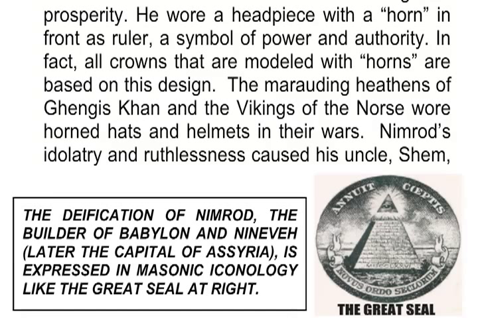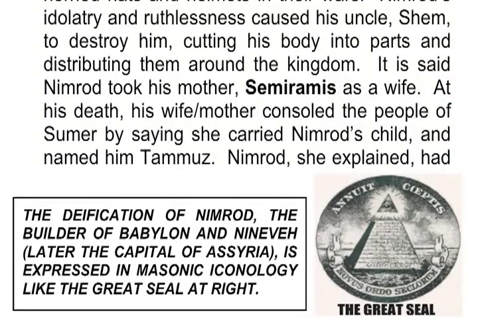The marauding heathens of Genghis Khan and the Vikings of the north wore horned hats and helmets in their wars. Nimrod's idolatry and ruthlessness caused his uncle Shem to destroy him, cutting his body into parts and distributing them around the kingdom. It is said Nimrod took his mother, Semiramis, as a wife.